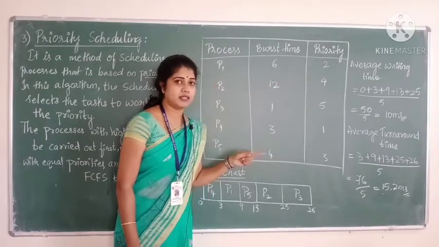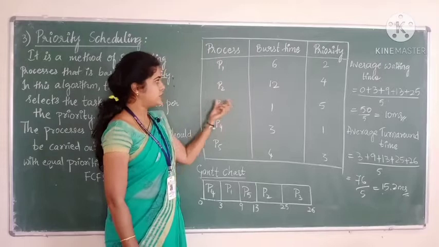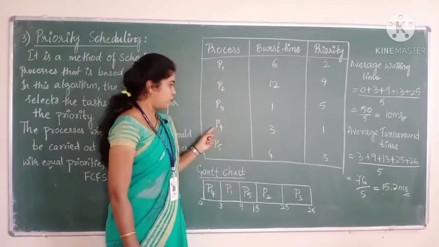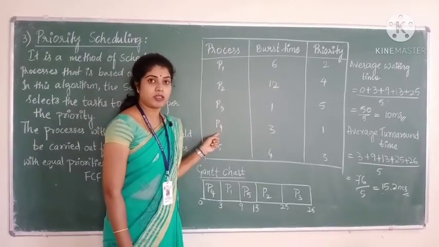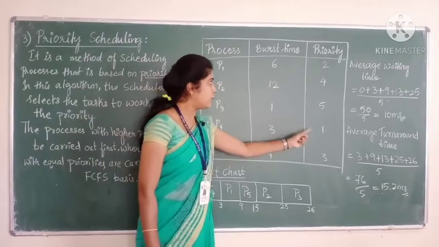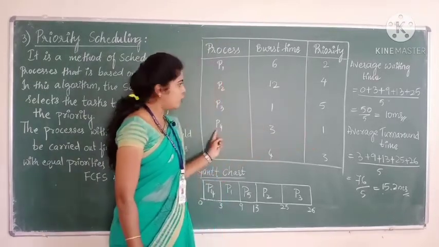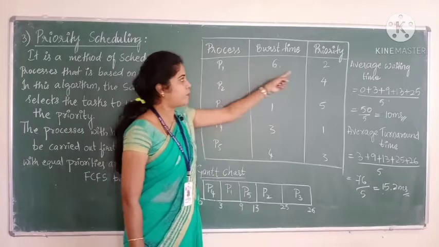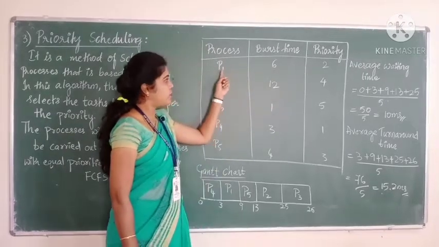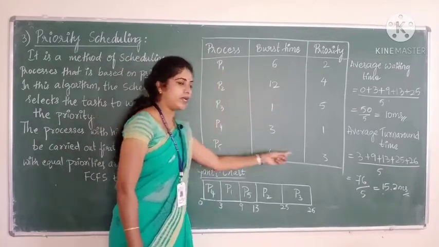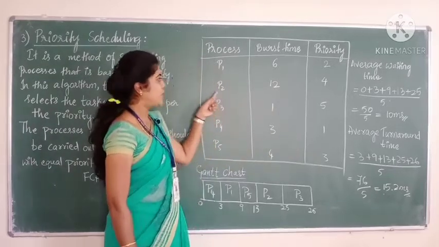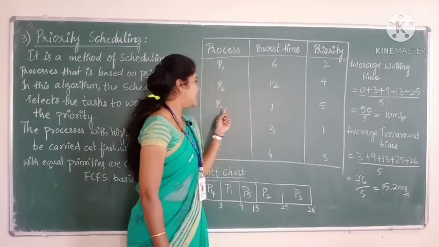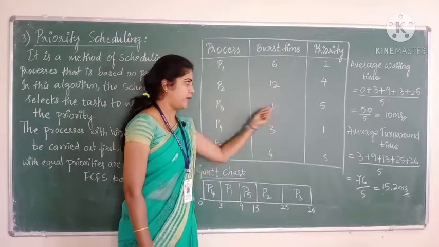P4 will go first for execution. Why? Because P4 has priority 1. After P4, you have P1 with priority 2. After P1, you have P5 with priority 3. After that, you have P2 with priority 4. And the last one is P3 with priority 5.